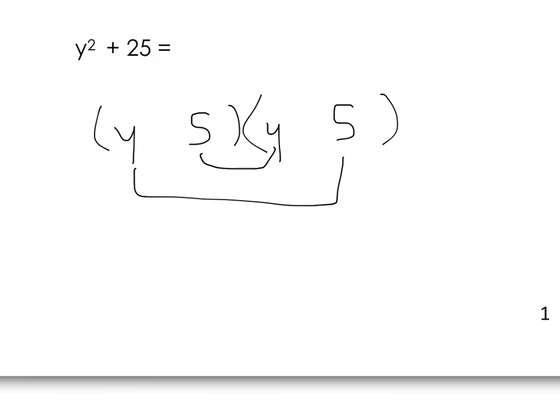If we put minus and minus, the outside and the inside will give us minus 10y. That we don't have a middle term. If we change it to plus and minus, that's not going to give us a middle term. It'll have 5y minus 5y, but the last term will have to be minus 25. You can't factor this one.